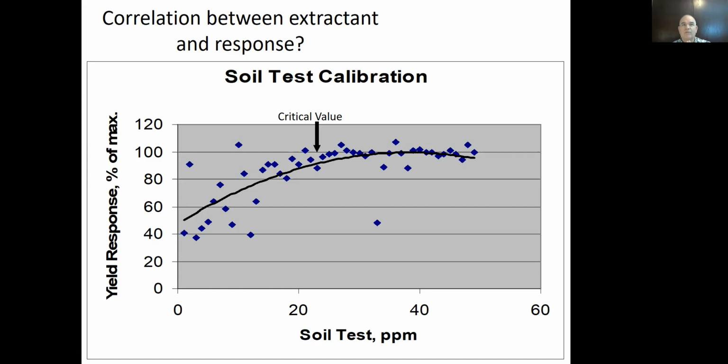Now, if the unfertilized check plots give me the same plant growth as the fertilized ones, that means I didn't get any fertilizer response. And I would divide those numbers and I would come up with 100%. In other words, the check plot yielded 100% of what the fertilized plot did.